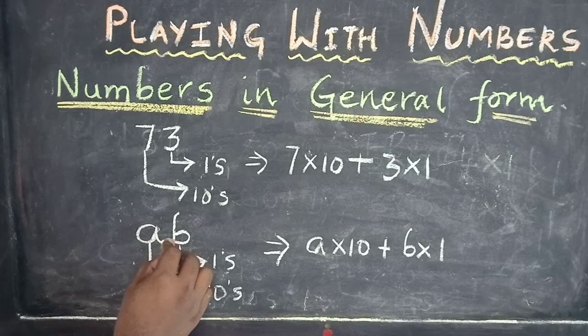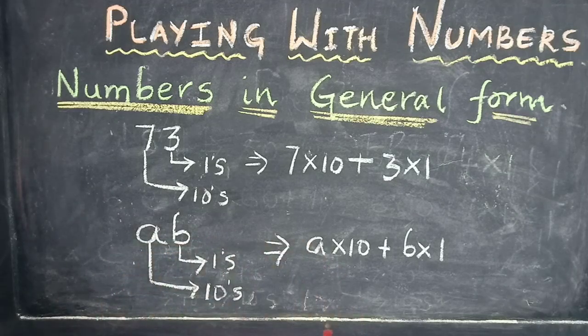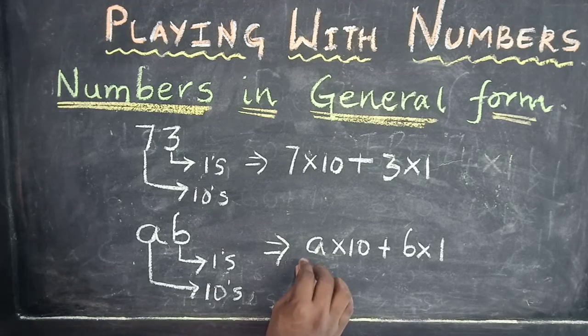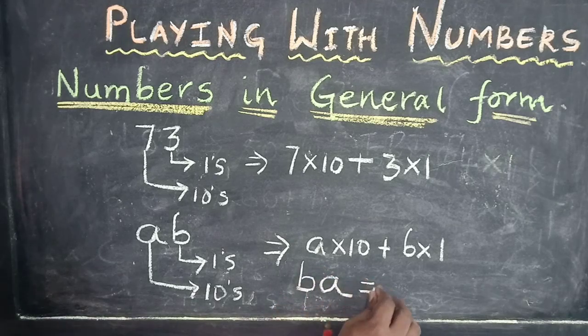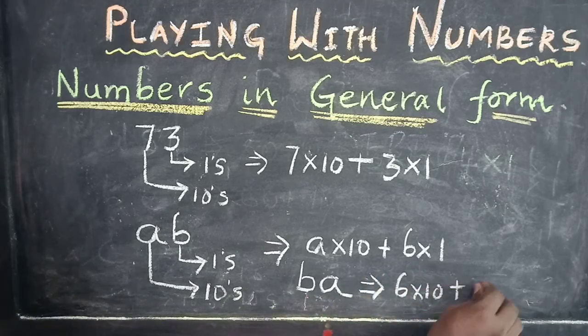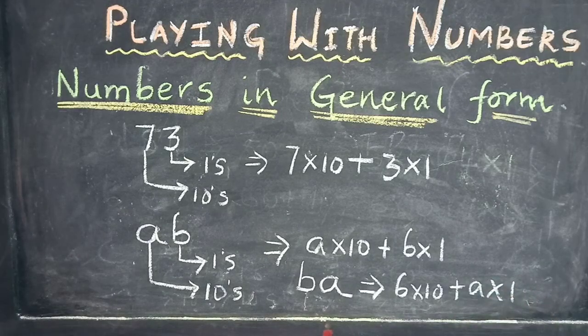This is how you express a 2-digit number in the general form. If I consider the number BA, I can write it as B times the tens and A times the ones. This is how we express a 2-digit number in the general form.